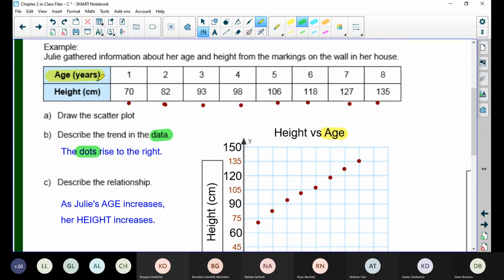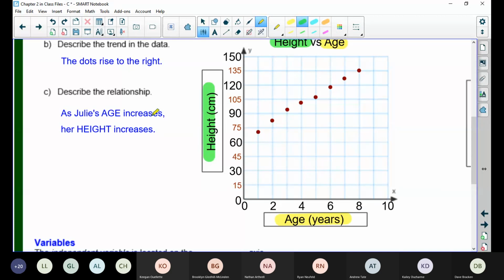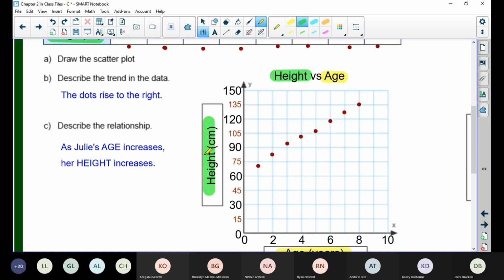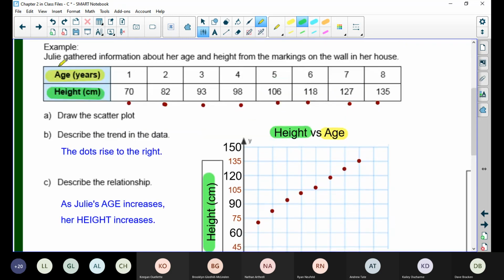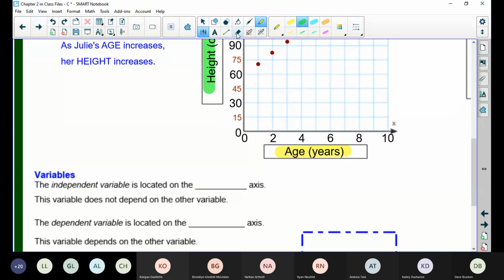And the second one in your table is always the side one in your graph and the first one in your title. So that's always the pattern. The first one goes on the bottom and it's second in your title. The second one always goes on the side, but it's first in your title. Well, this yellow one, this first one, is called your independent variable. The independent variable is located on the horizontal axis.